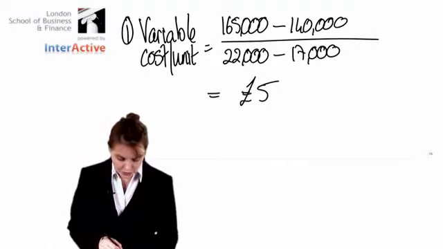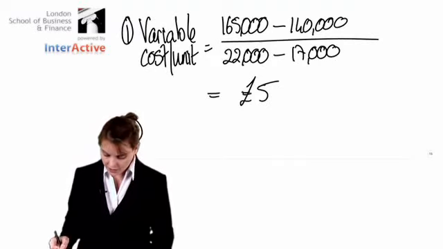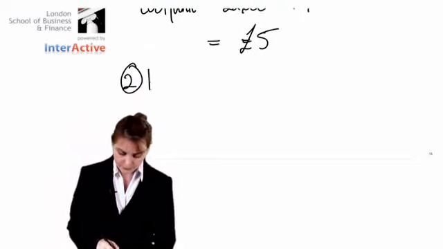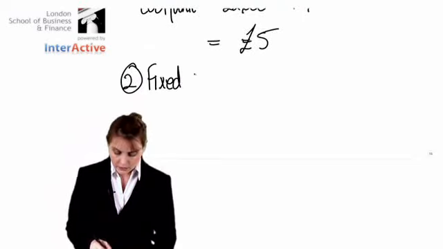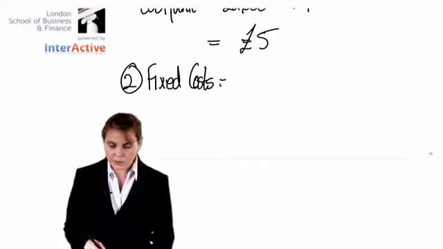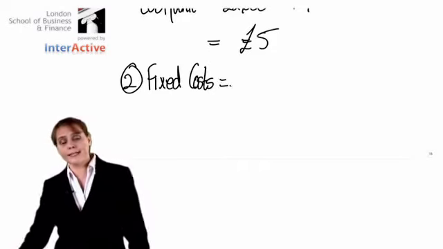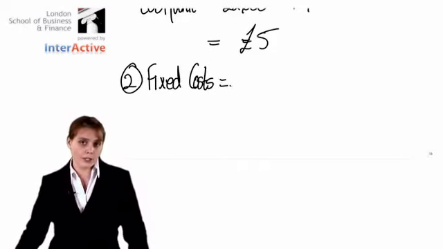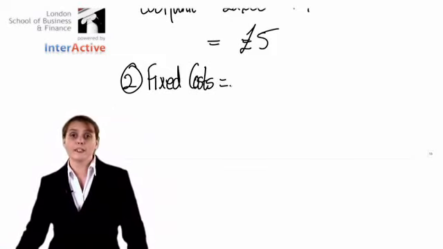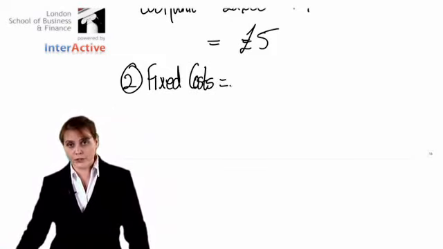Moving on to step 2 to calculate the fixed costs. Remember, our fixed costs will be total cost minus variable cost per unit, multiplied by the number of units we've produced.